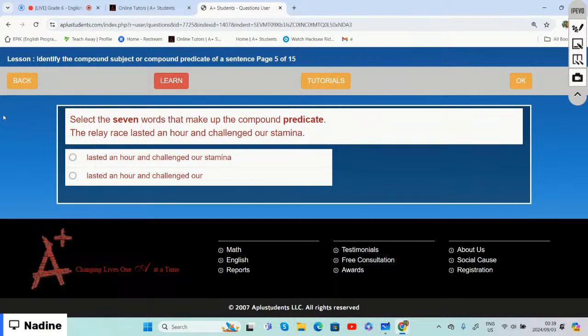All right, and if we were to select the seven words that make up a compound predicate, seven words, do we say it's option one, lasted an hour and challenged our stamina, or option two, lasted an hour and challenged our?